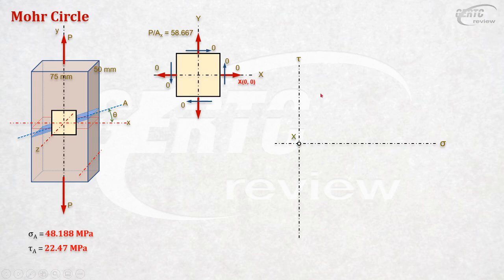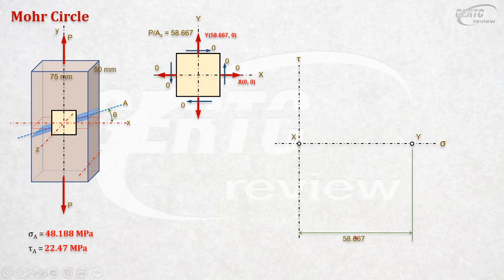Next, your other point. The other point is here. Okay, this point, sigma is 58.667, tau is 0. So that is point Y, 58.667, 0. Let's locate that. That will be somewhere here. So that is your Y, and this is 58.667.